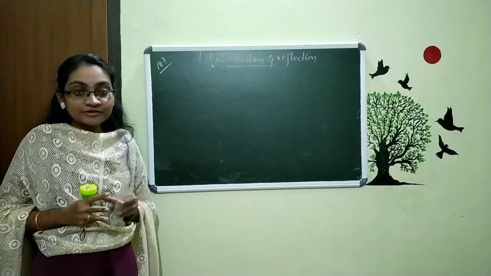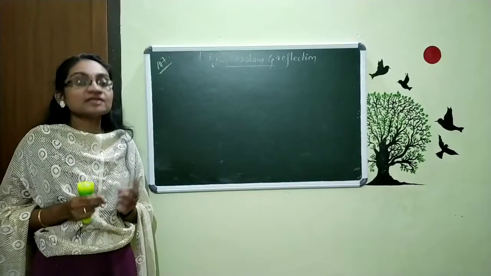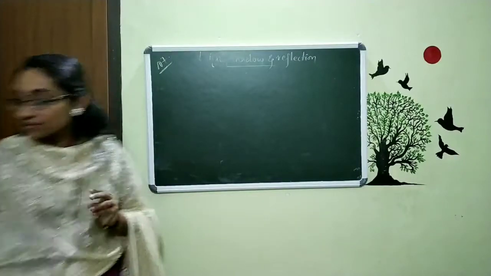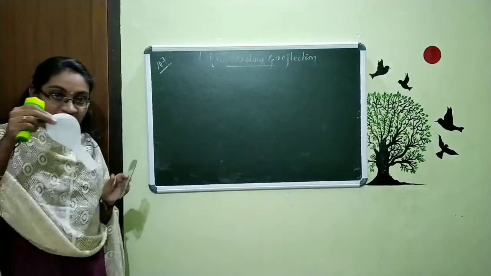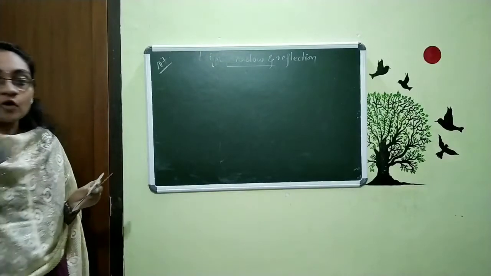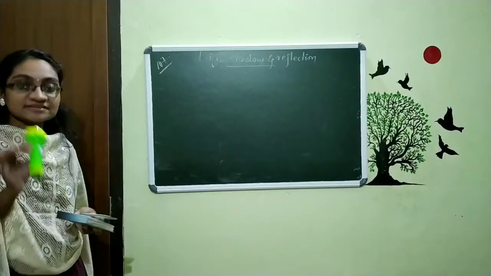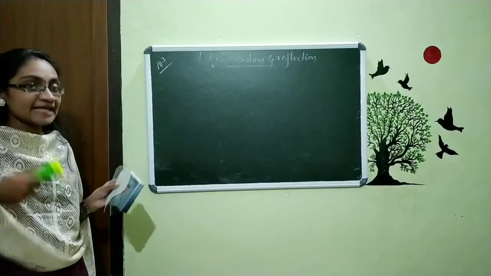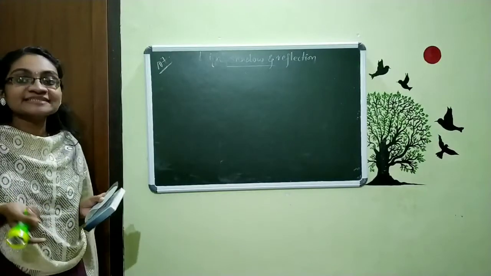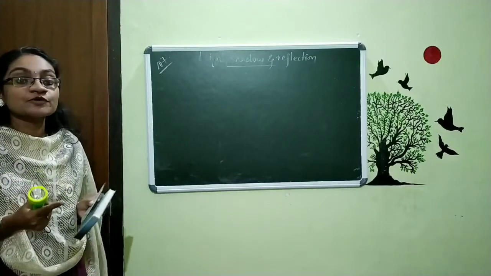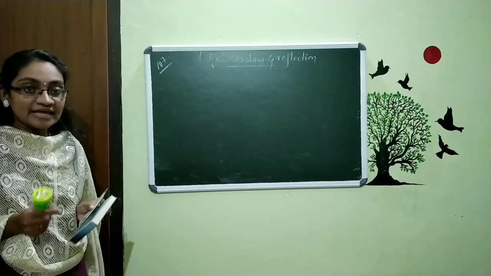We are going to do one activity using transparent material, translucent material and also opaque material, and this is a torch. I am going to give light and check which substances produce shadow. That is our aim of the experiment.